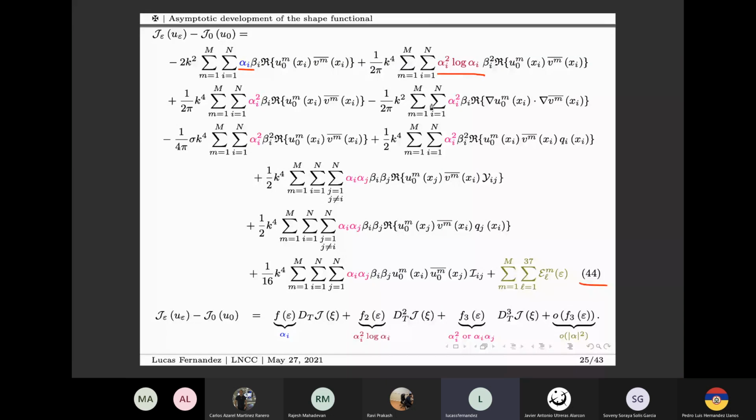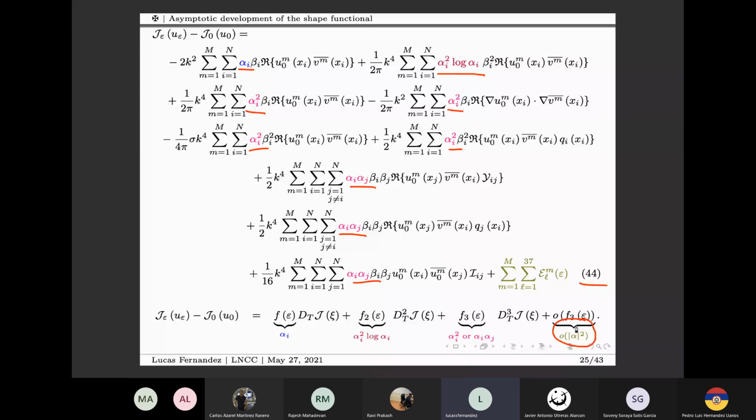And we have a lot of terms multiplied by alpha squared. The sum of all these terms can be considered as our third order topological derivative. And all the remaining terms are denoted by this little o of alpha squared.